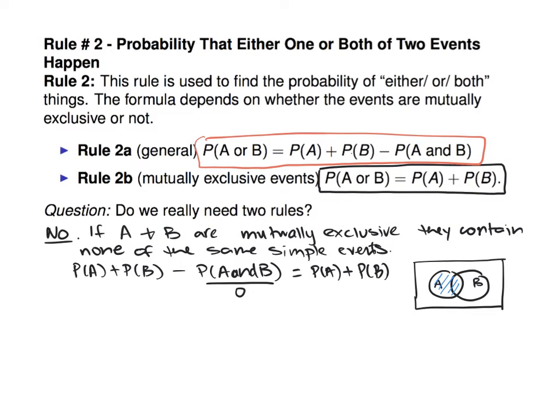P of B counts all of this stuff. So if you just compute P of A and P of B, and if your events have overlap, this little bit in the middle, which is called the intersection, that little bit's been counted twice. And that's why you have to take away one of those intersections.